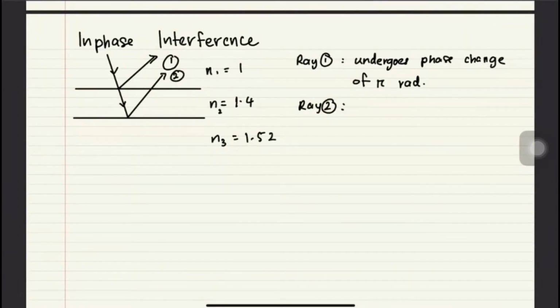Okay, for ray 2, do you think that it will undergo phase change or not? Dia pergi ke medium dia berubah kan? Kalau ikut reflected ni, you will expect to have phase change as well.